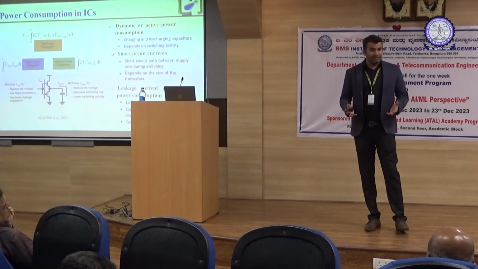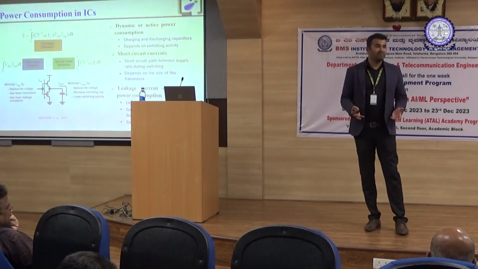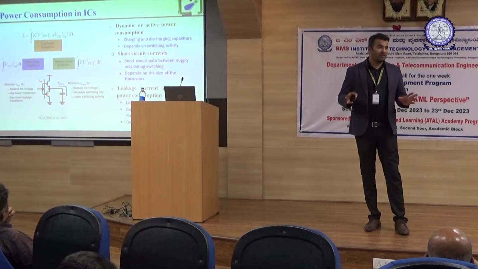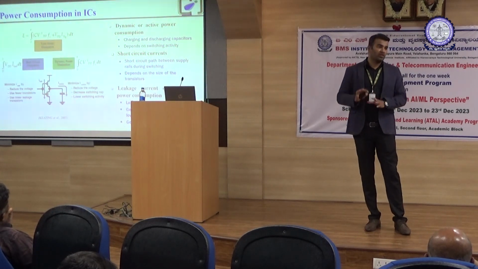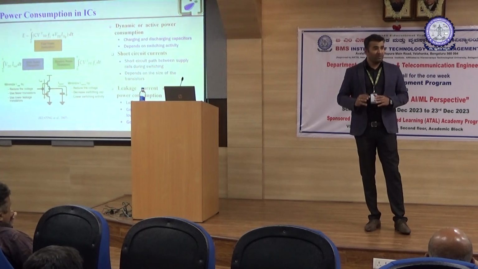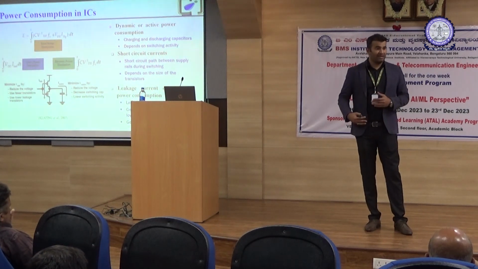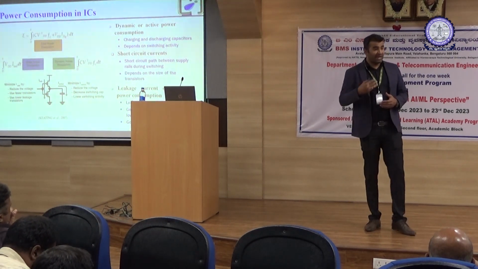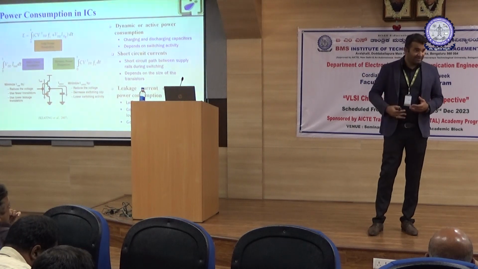When the device is running, there must be some consumption, so power consumption will occur. No doubt about it. Dynamic power consumption is okay. But again, we have to optimize at each level, such as cell placement and routing, in such a way that the dynamic power consumption will be less.